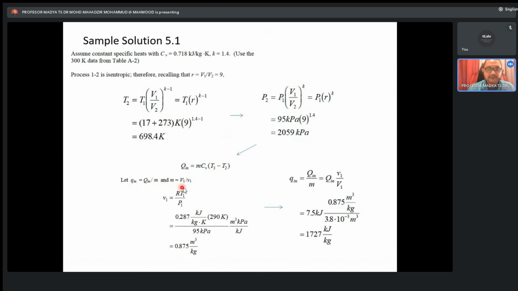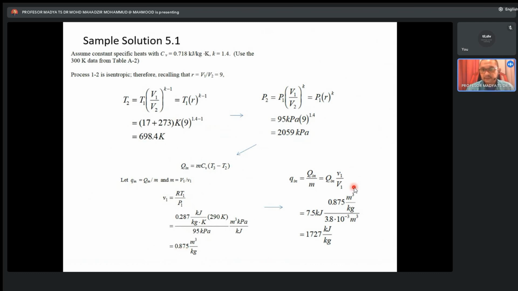You know m is equal to V1 over small v. So use the ideal gas law, small pv is equal to RT. Then put the values in this equation. You will get specific volume 1.